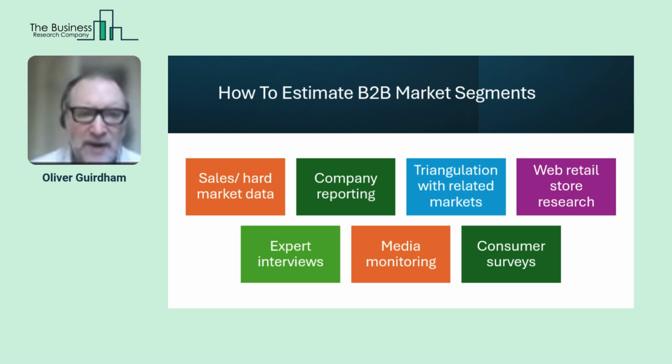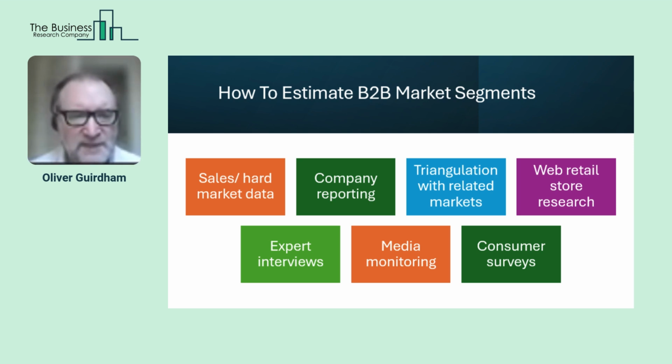How do you go about estimating market segments? You're taking your overall market size. We talked in the last session about how to develop that figure, but you can also get it from buying research reports or from access to an information database.